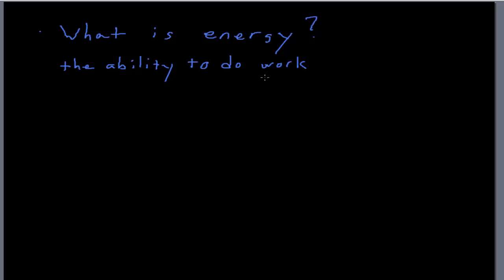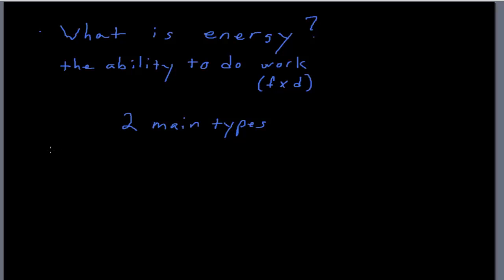We talked about work before, that work is force times distance. Okay, so work and energy are very similar. They're very closely related. Okay, so we can break down energy into two main types.